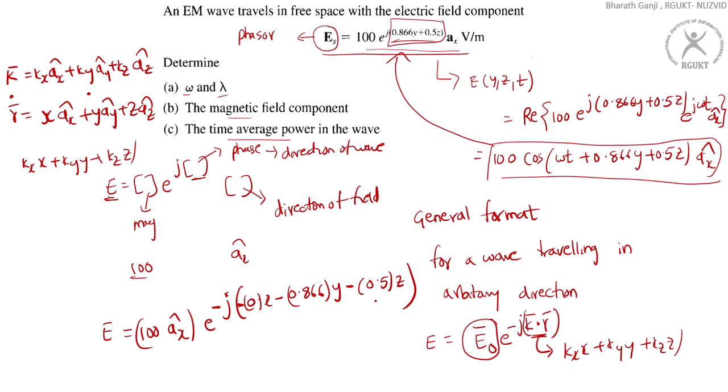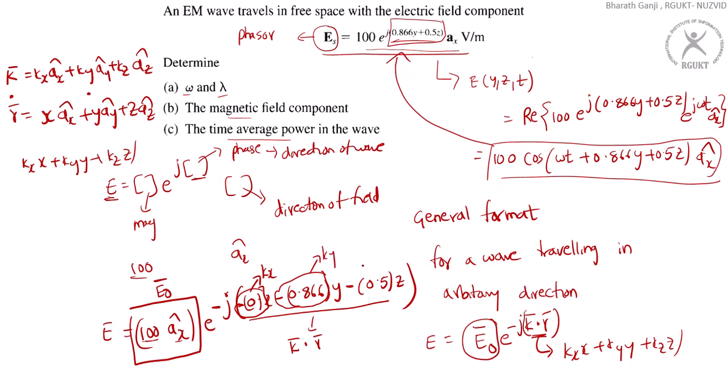So I have this field. I can see that this looks like my electric field, a constant magnitude within some direction, which is E naught bar, and this factor is nothing but k bar dot r bar. So from here I can say what the k bar vector is. This factor becomes kx, minus of this whole factor becomes ky, and minus of this whole factor becomes kz, right?